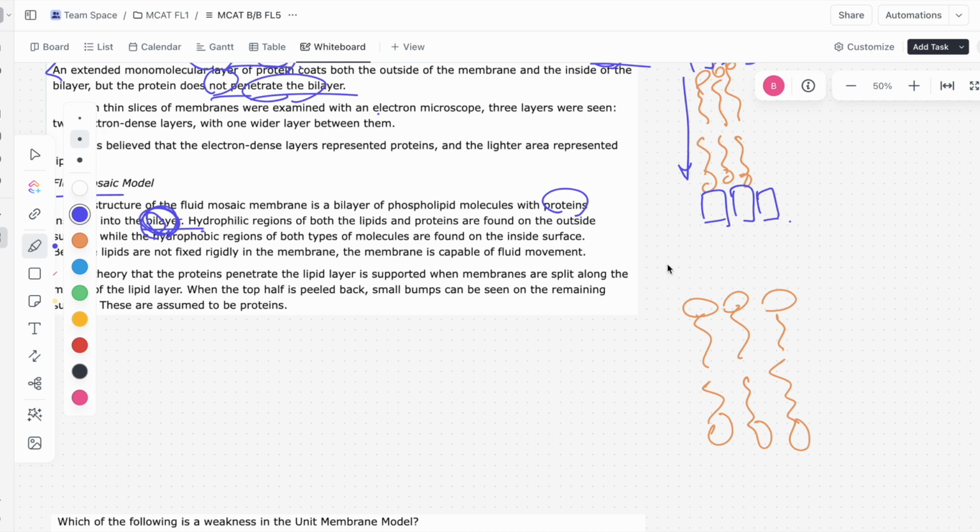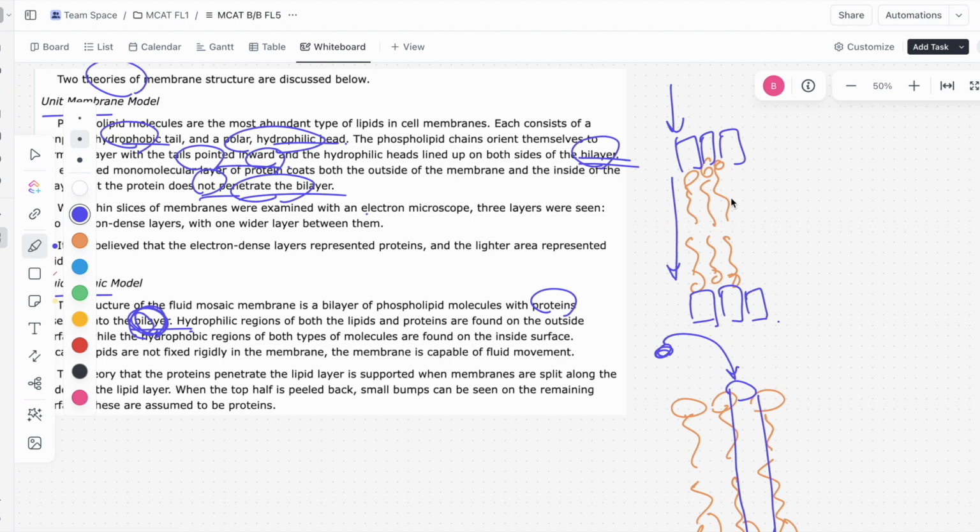and let's say you have some kind of molecule that needs to get through. Well, this protein, let's say some kind of protein like a tube, can actually help that molecule, that nutrient or that waste, to get in or get out of the cell. But if you have something where the proteins can't even extend throughout the lipid bilayer, let's say you have a polar nutrient or a polar waste, it's going to have a very difficult time, even if it can cross through the proteins.